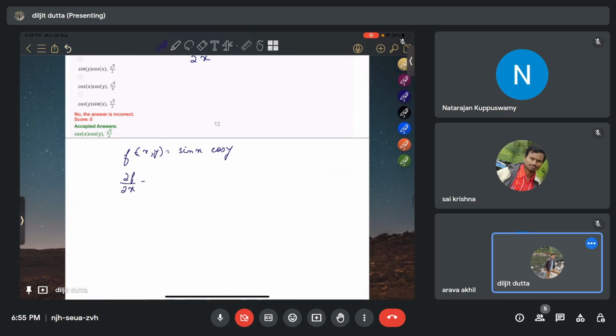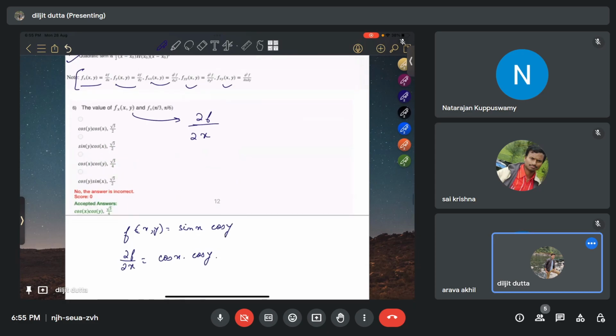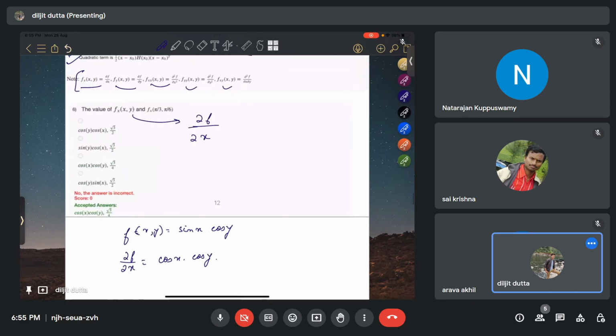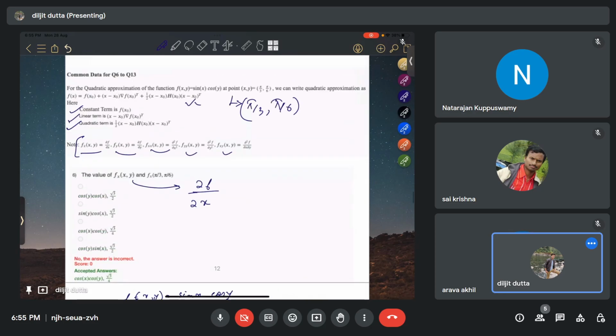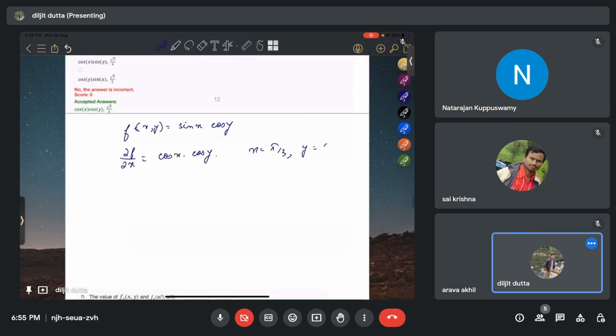So del f by del x is equal to cos x into cos y. Now what points are given? x equals pi by 3, y equals pi by 6. So it is cos pi by 3 into cos pi by 6.